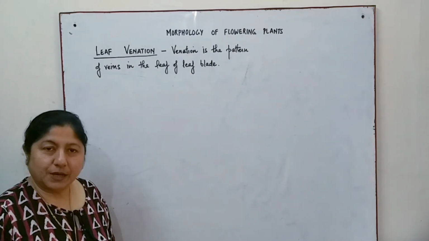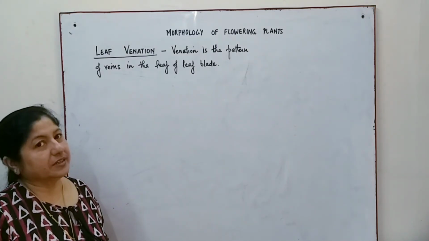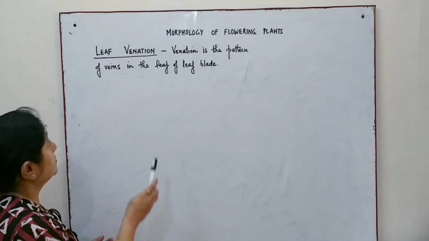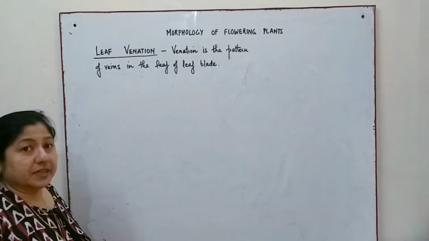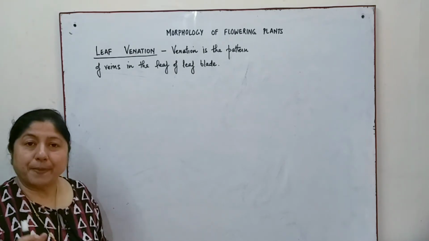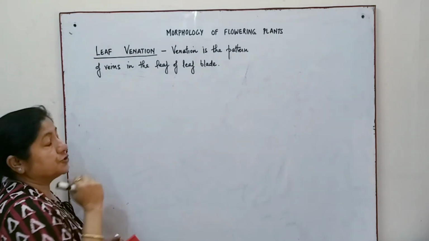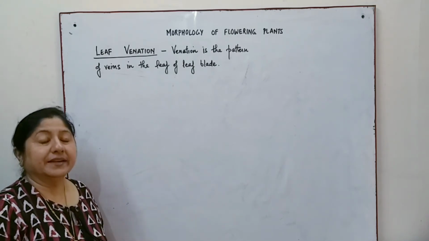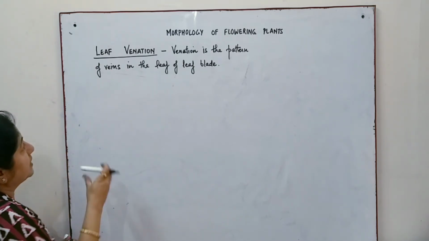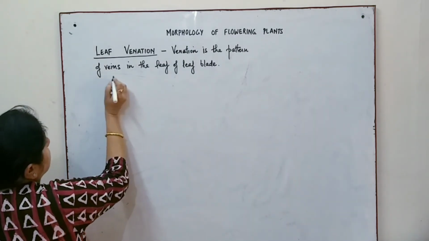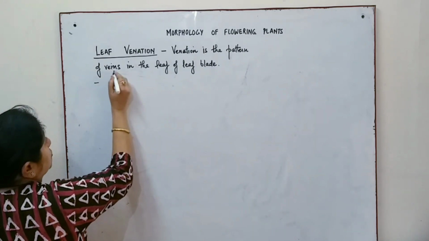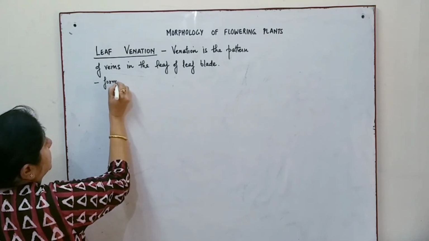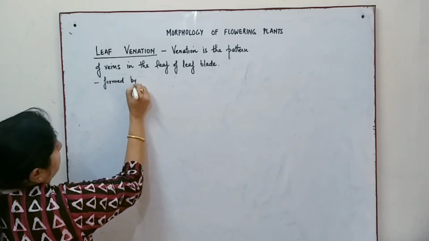We'll be talking about leaf venation and the types of leaves in this video. Leaf venation is the pattern of arrangement of veins in the leaf blade, and these are formed by the conducting tissues.